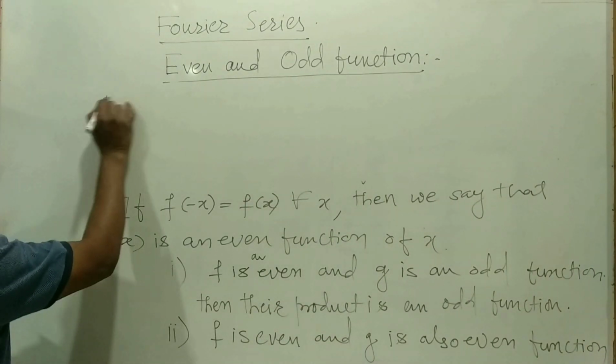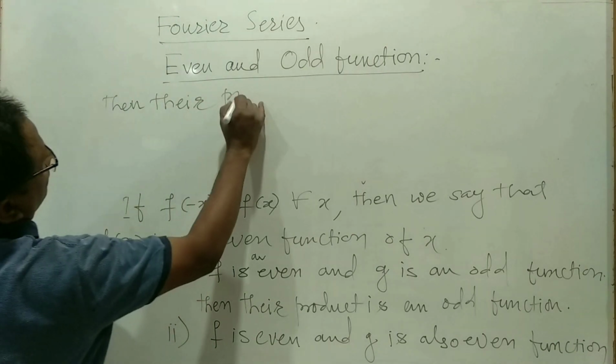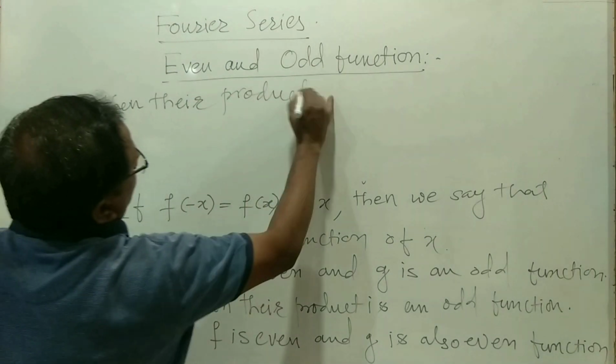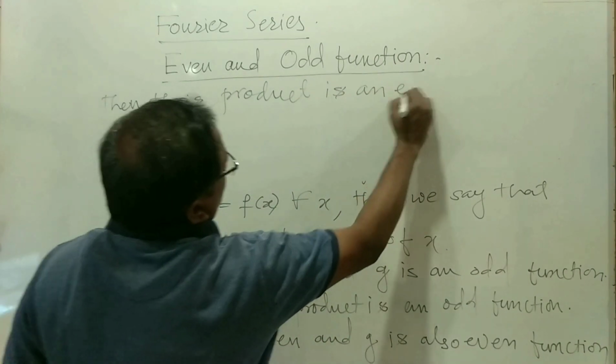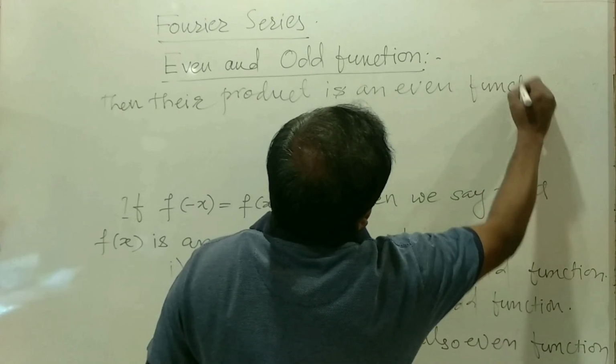That means the product of two even functions is an even function.